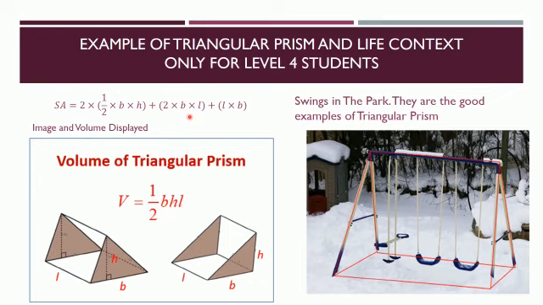Which are those rectangles? The rectangles that we are talking about are this one and this one. And the last one is length times breadth. Length times breadth, it becomes this rectangle.